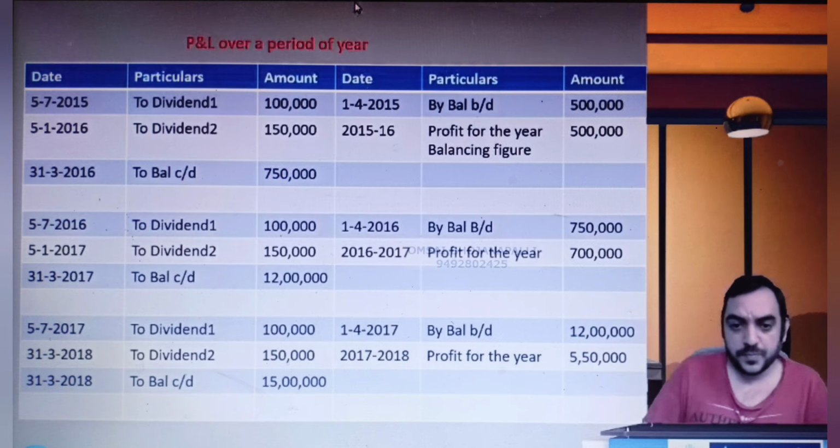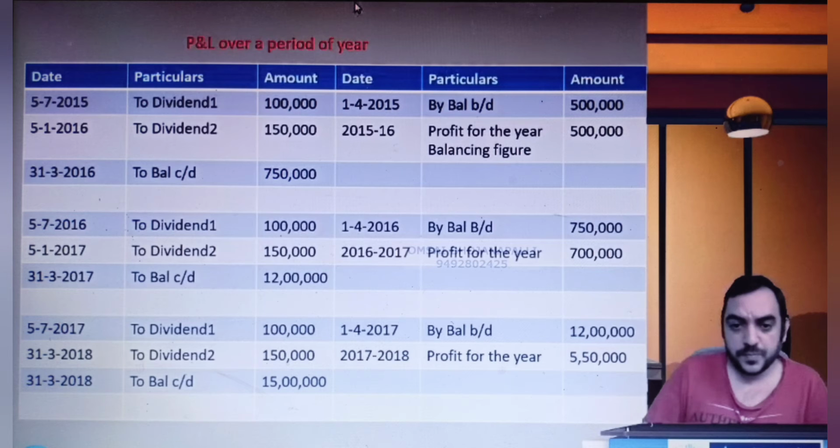Okay, let us just write the P&L accounts for a period of years. So we'll just mention the dates, whatever the particulars, and amounts.